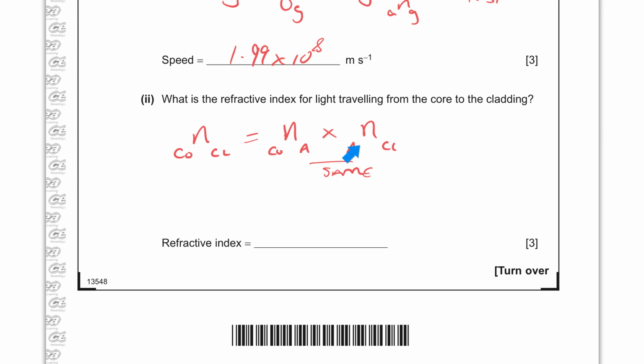Now, n for air to the cladding is the number we've already got. n for core to air is going to be the same as 1 over the n from air to the core. So that's our next line, to rewrite this as 1 over n from the air to the core times that other n. And so if you put 1 over 1.51 and multiply that by 1.45, which is the air to cladding value, you get 0.96.